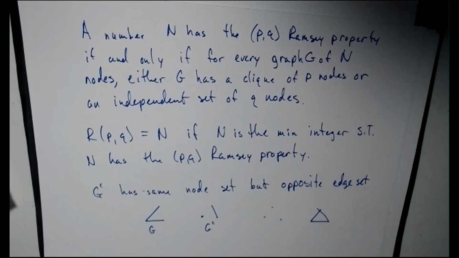Part of what makes the 3,3 Ramsey number fairly easy to work with is that a complete subgraph on 3 vertices is the same as a cycle graph on 3 vertices.